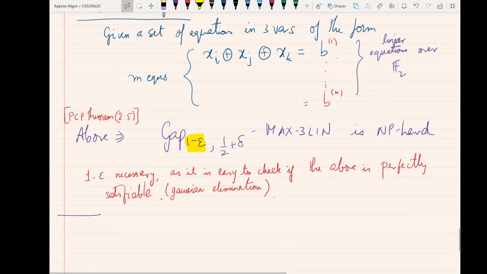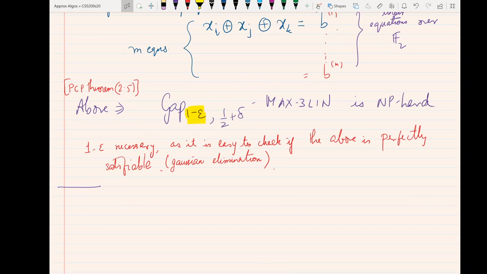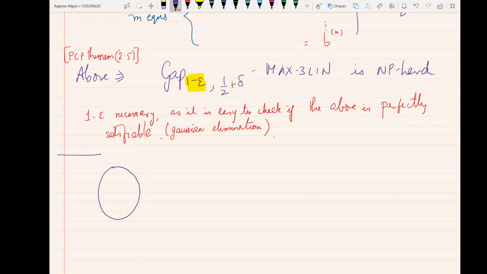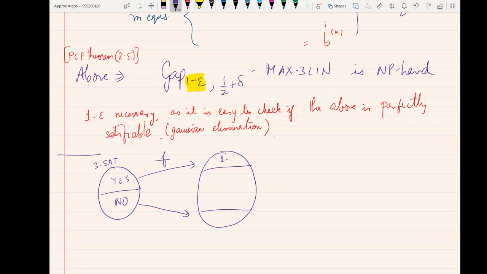Now, to come back to what we have here in terms of Max 3-Lin, what we have shown finally is the following: if you take any NP complete problem, let me say for representative 3-SAT with yes, no, the PCP theorem states that there is a map F from the yes instances to a gap 1 minus epsilon versus half plus delta of Max 3-Lin. And F is of course polytime.